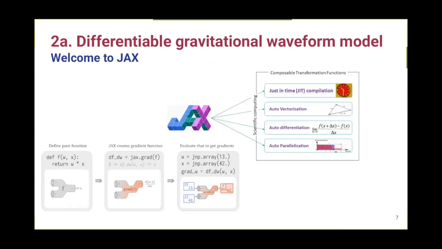So what I'm doing is building the surrogate models in a differentiable framework. And for that, I'm using this Python-based framework called JAX. And this particular framework provides many features that we want. For example, it uses just-in-time compilation, where the compilation happens while you are executing the program, and this provides quite a lot of speed up compared to a usual Python program.